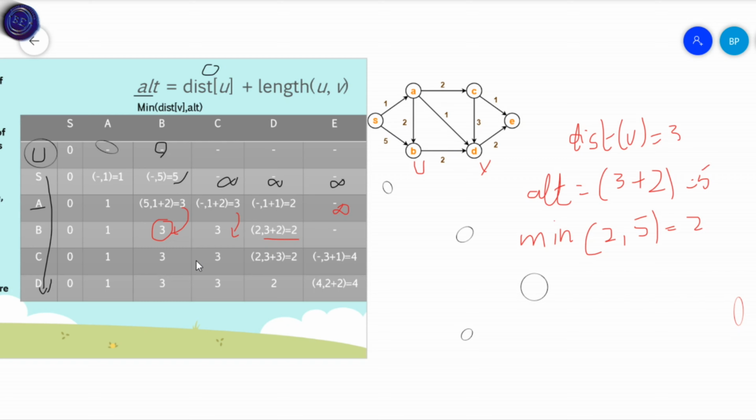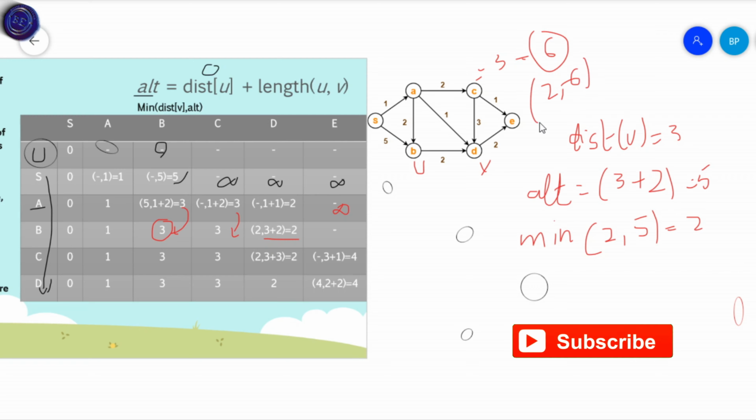So here from C to D, the C value is equal to 3, so 3 plus 3 is equal to 6. The D value is 2. Among these two, which is the minimum? 2 is the minimum, so 2 is copied here.